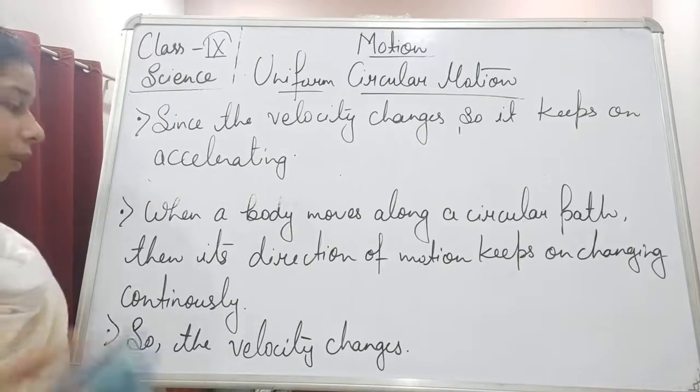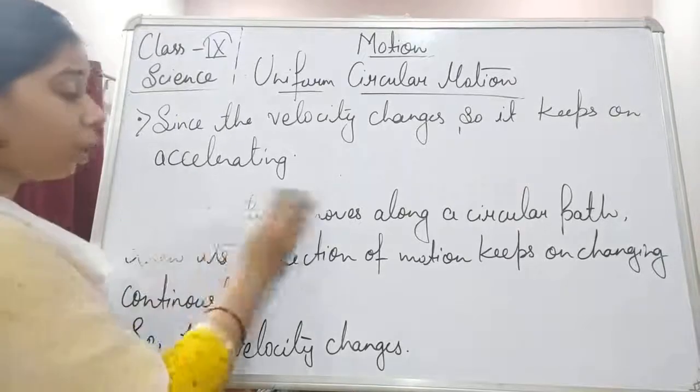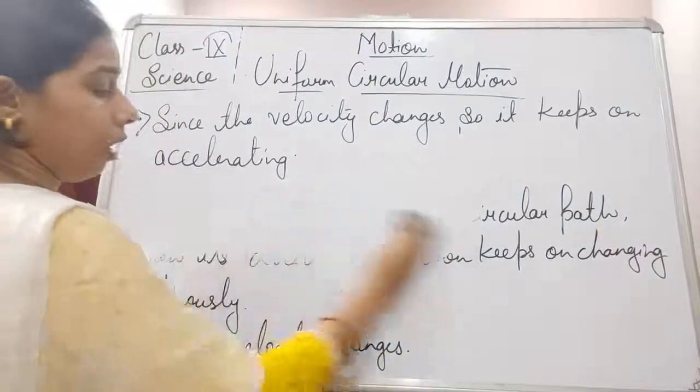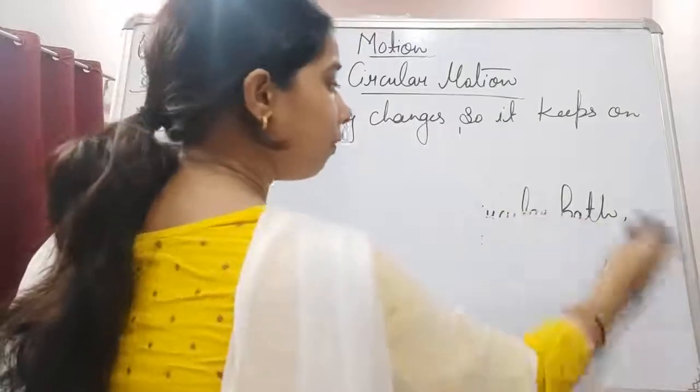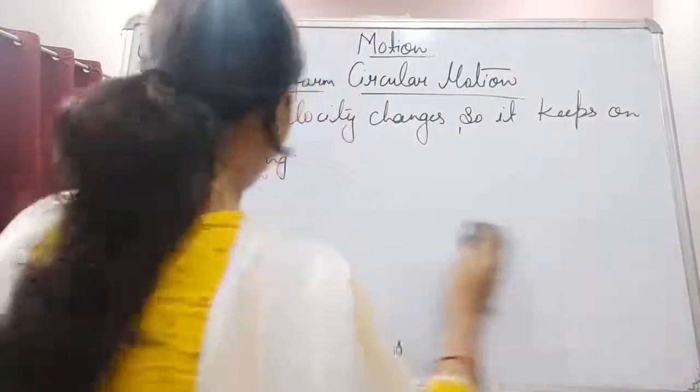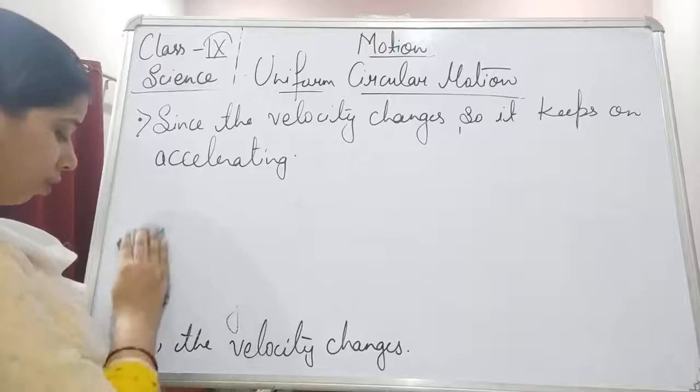Now we can say here that when a body is moving with uniform motion in a circular path, we call that uniform circular motion.